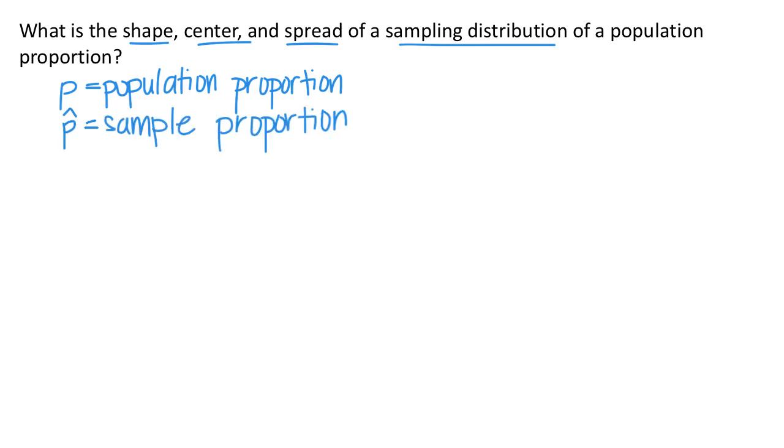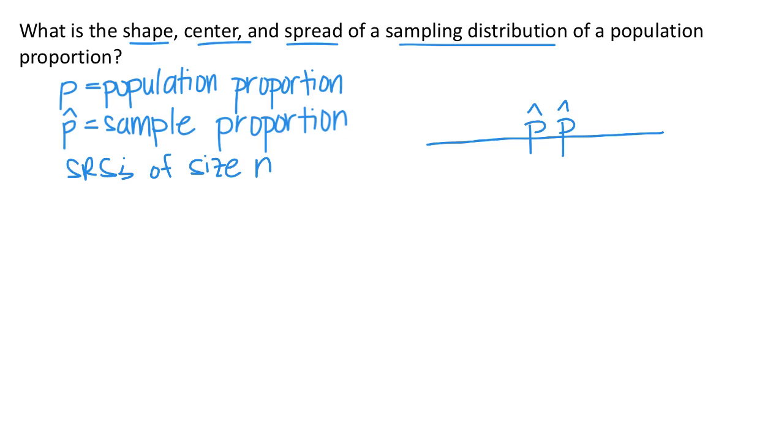If we took all possible samples of size n, and by the way, they need to be simple random samples, SRSs, of size n, and started graphing all of those p hats, all of our sample proportions, we would get the sampling distribution.